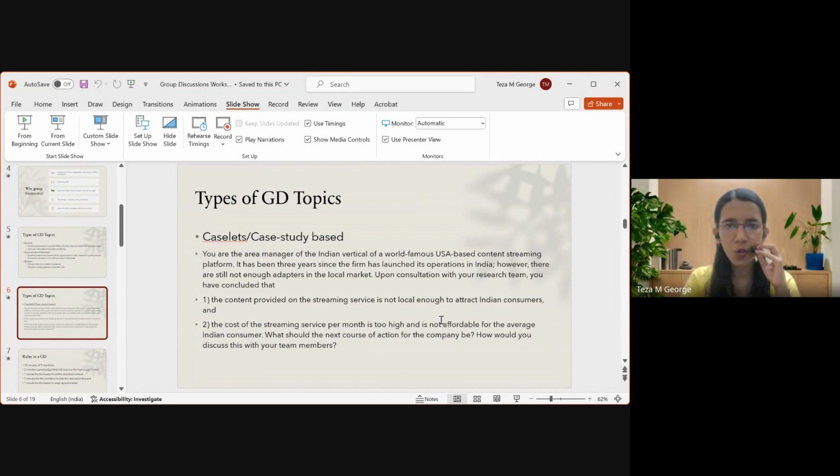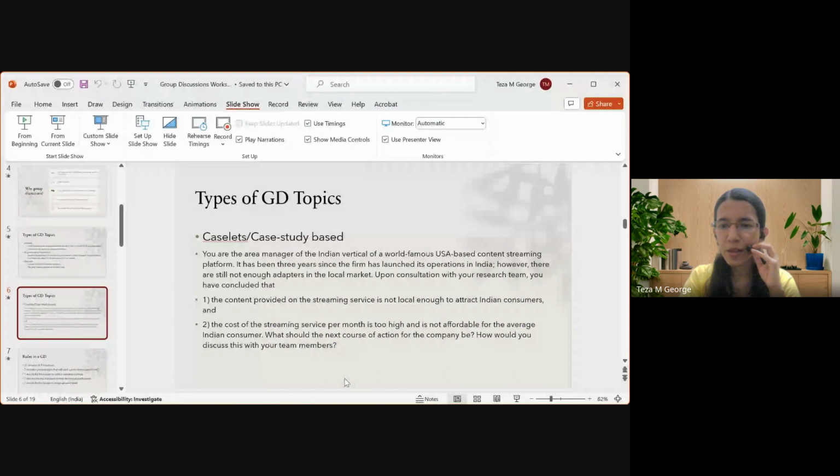Upon consultation with your research team, you have concluded that the content provided on the streaming service is not local enough to attract Indian consumers and the cost of the streaming service per month is too high and is not affordable for the average Indian consumer. What should the next course of action for the company be? How would you discuss this with your team members?